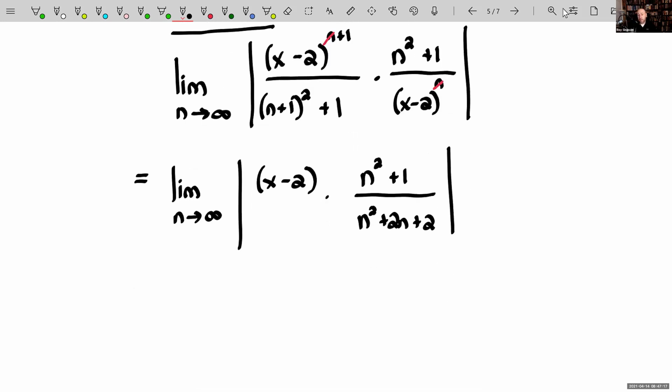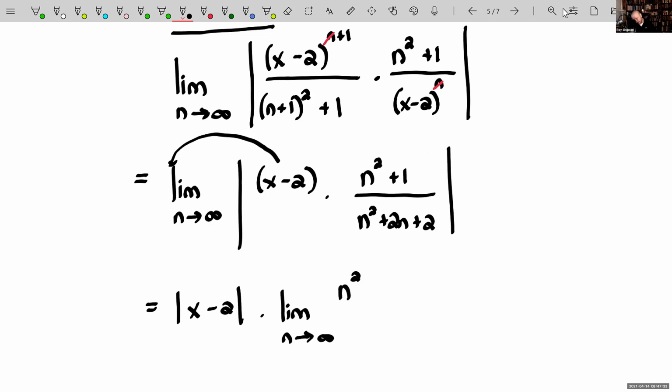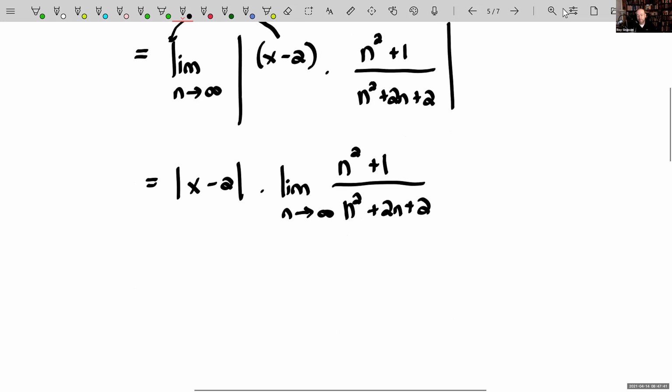Now remember that x minus 2 does not rely upon n, so I can move that outside of the limit. I have the absolute value of x minus 2 sitting outside the limit. And here is the first example of how you're going to do the rest of these problems.